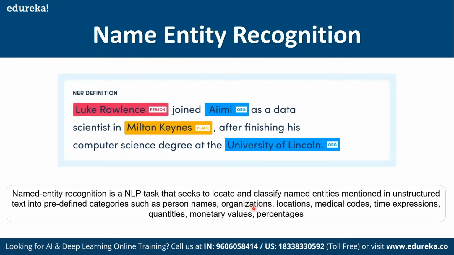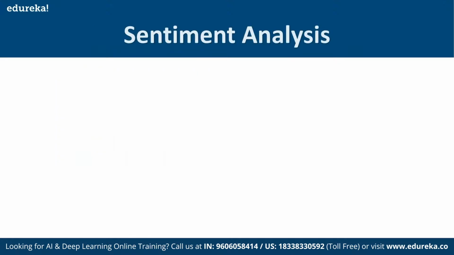It is used to locate and classify named entities mentioned in unstructured text into predefined categories such as person names, organizations, locations, medical codes, time expressions, quantities, monetary values, and percentages. Okay, so a lot of learning is here.